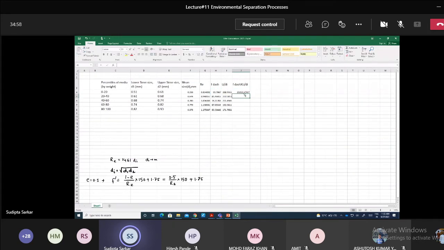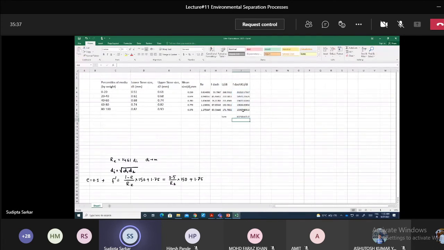Okay. So this is the value that you get, and then you sum them up, and this is the summation that you are getting. Let's write total or the sum equals sum of all these values.